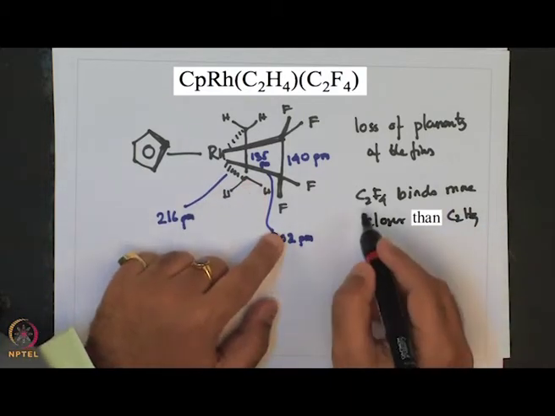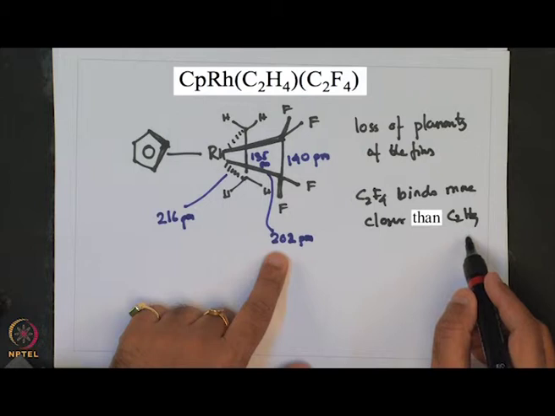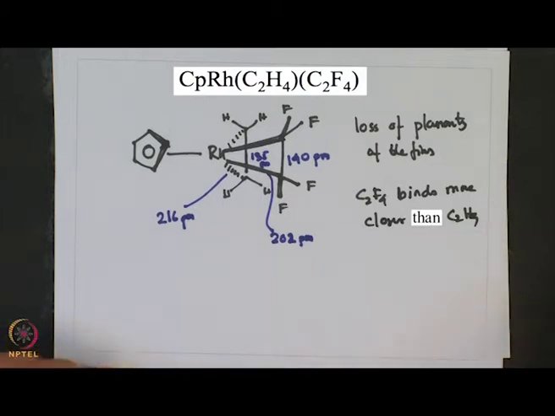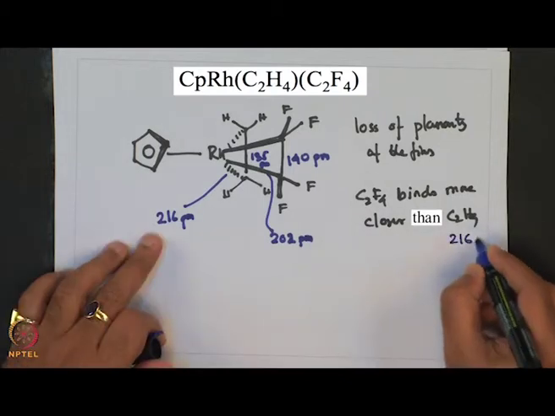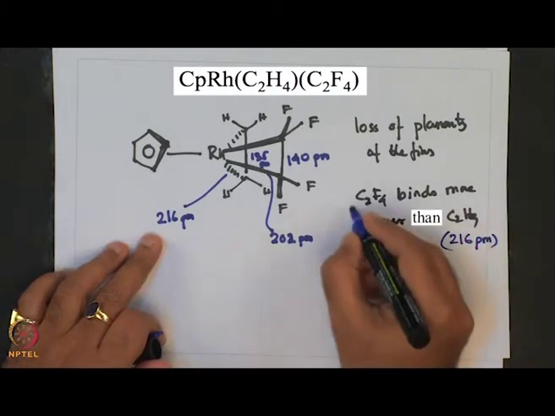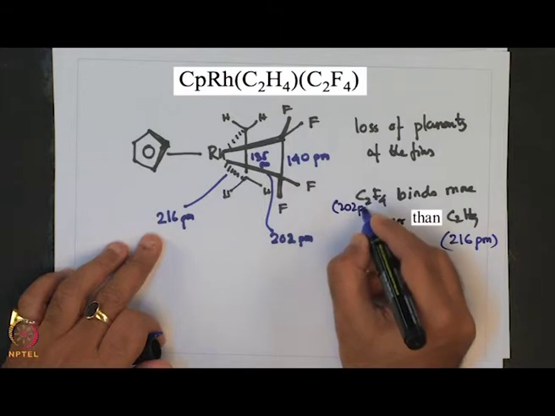So, this is about 216 picometer and this is 202 picometer from rhodium.